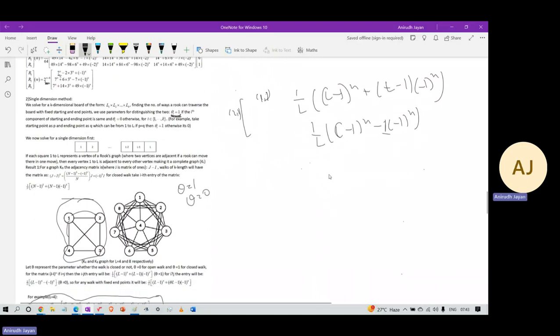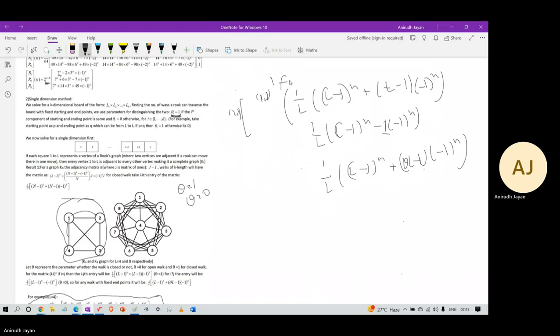So one can simply plug in the theta value here.